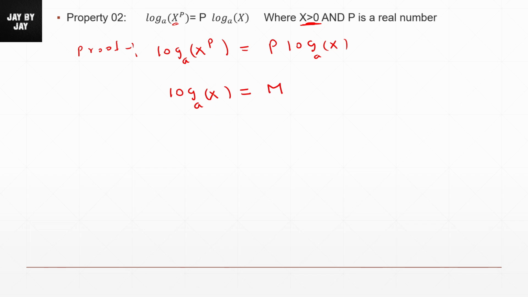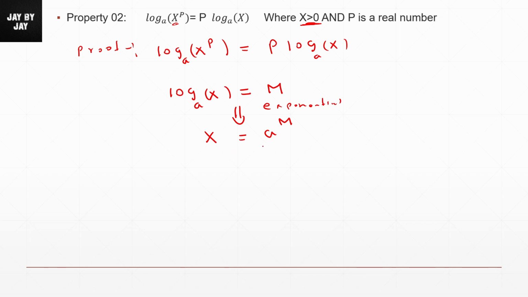Then I need to convert this logarithm function into the exponential function. I have taught you about this concept in the previous sessions, so I am going to explain directly here. We can write it down just like this: x equals a to the power m. This is the exponential form.